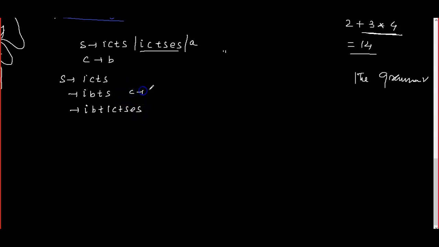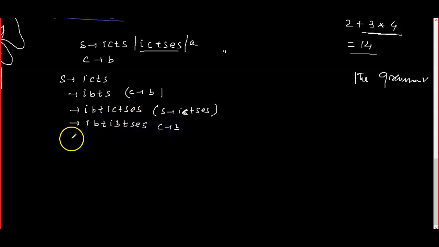First I will write here what I am doing. S derives iCtSeS. C is a non-terminal, so ibtS, and C is b. S I can put as a, and again S I can put as a in the next step. Here I did two steps ahead.